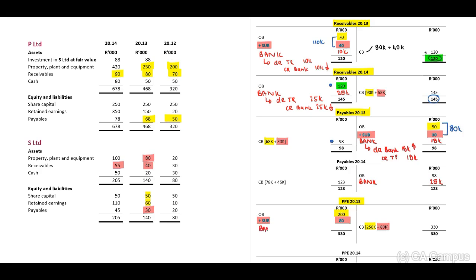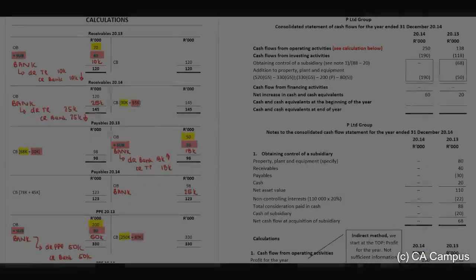Bank 50,000, therefore think about your journal entry. Debit your PPE, credit your bank account with 50,000. And you can complete your PPE T account for 20.14 as well.